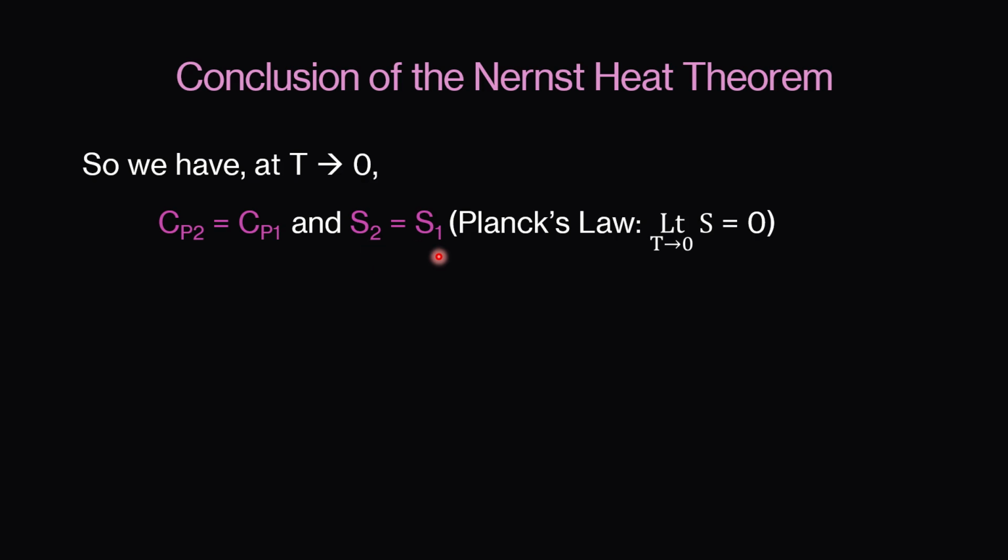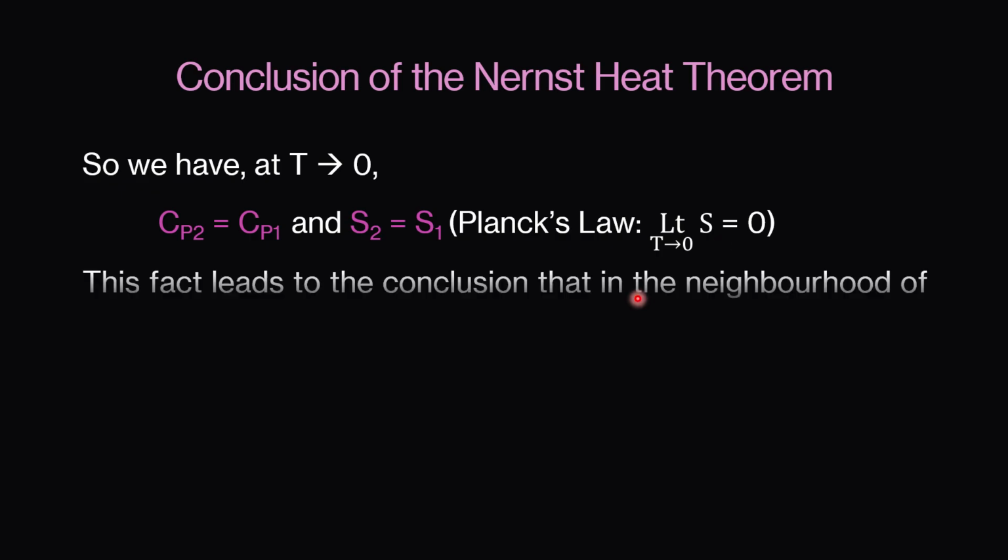So from here, Planck states in his law that the limiting value of entropy at T tends to 0 will also be equal to 0. Since here we are saying that delta S is 0 and Planck is saying that S is becoming 0 at T tends to 0. Okay, this is the conclusion.